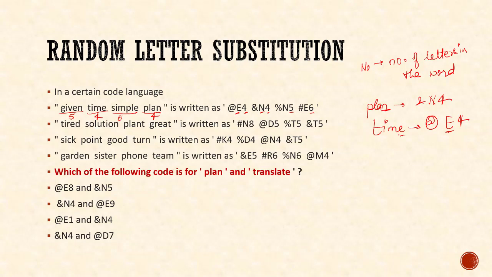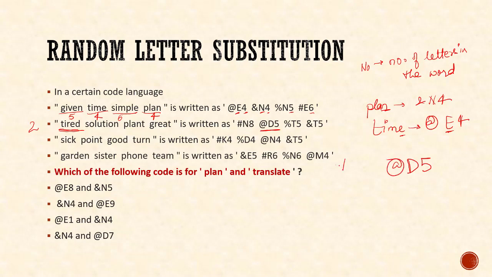Now we have to see what logic these symbols have. Looking at the second sentence, we have one more word here starting with T, that is tired. Okay, so for tired, the code should be: tired is ending in D, it's a 5-letter word, and there's only one which has D5 and at the rate.